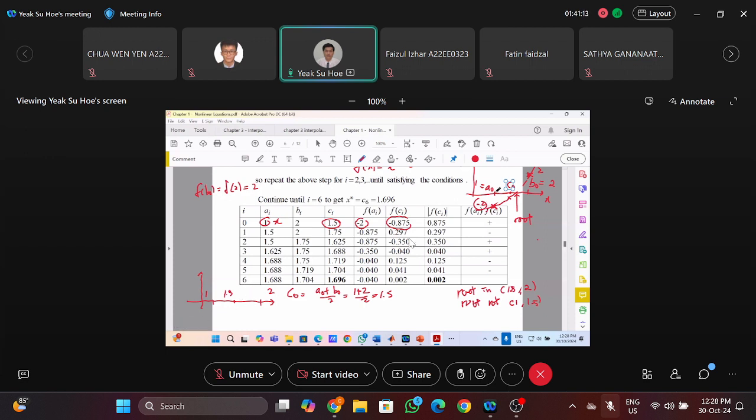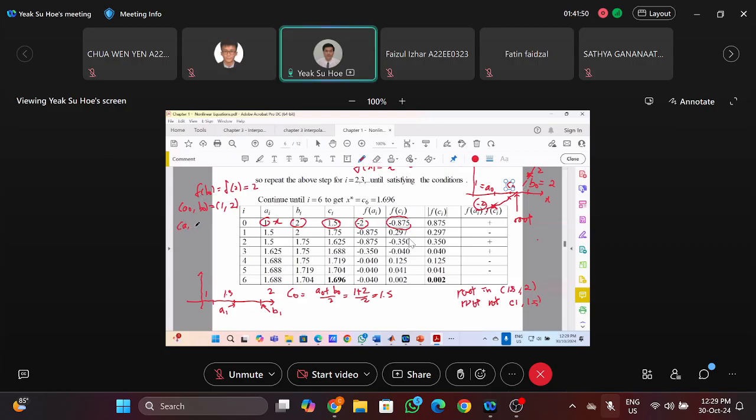So initially it is 1 to 2. 1 to 2 is very, very big, but now we only take half. So this point becomes A1, this point becomes B1. Initially, A0 and B0 are equal to 1 and 2, because there's a root between 1 and 2. But now we found that the root must be 1.5 to 2. So after that we improve.